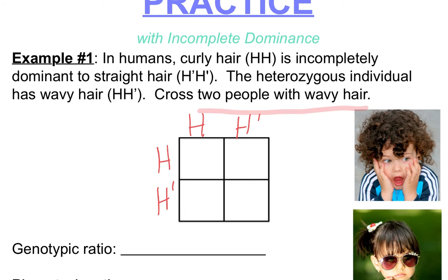Okay, so we are going to cross these 2 wavy-haired people, and in our Punnett square, we are just going to fill this in.